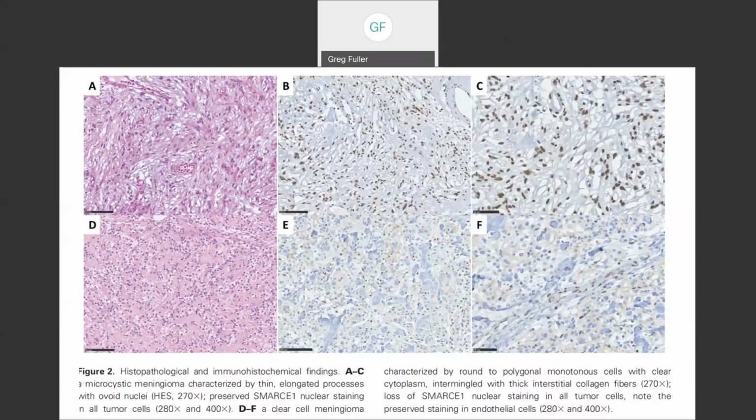SMARCE1 is not found on most next generation panels yet. I think that will change, especially as routine molecular testing of all meningiomas comes on board, and it is coming. Since each of these genes usually accounts for only maybe 5%, max 10%, of meningiomas, I think we'll be testing for all of them.